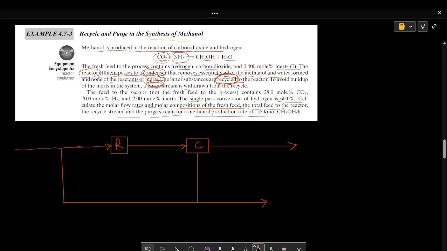Now it is mentioned that the feed to the reactor, not the fresh feed to the process. This is the fresh feed to the process, and this is the feed to the reactor. So the given composition is for the feed to the reactor.